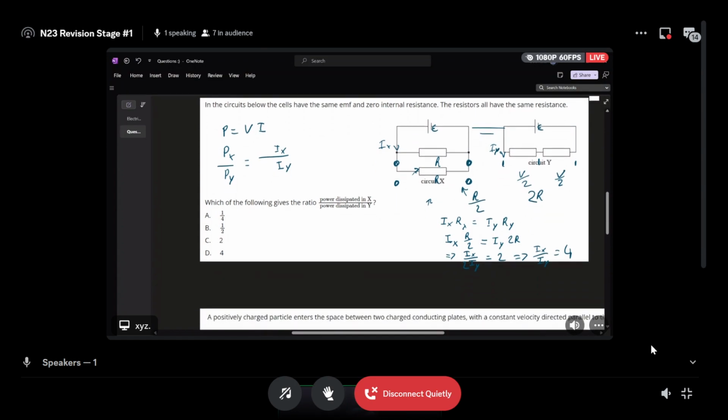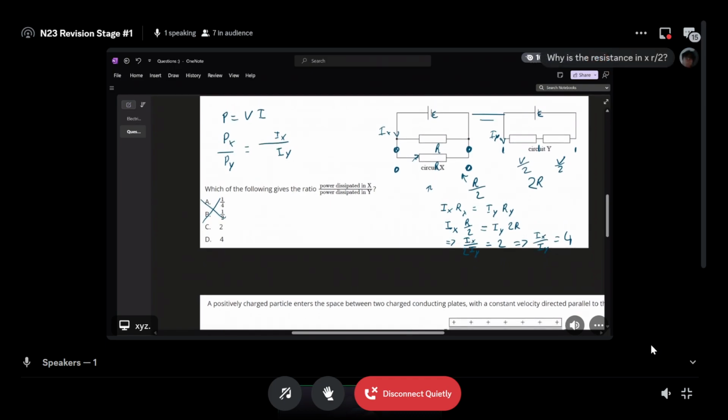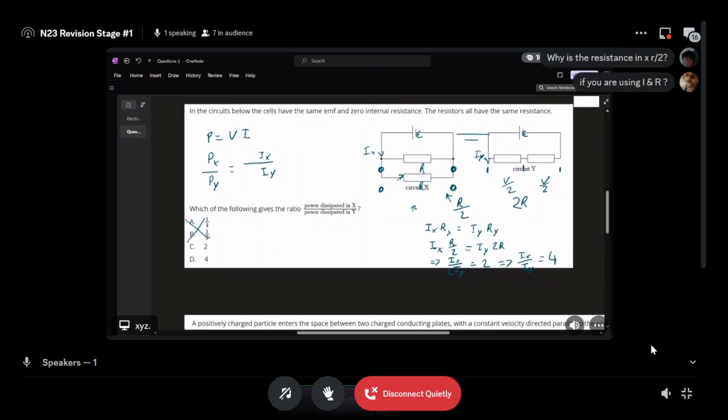So you know it will be a top-heavy fraction. And that eliminates A and B. The reason we know Ix will be greater than Iy is that the total resistance in X is a quarter of that of circuit Y, if you do the maths.